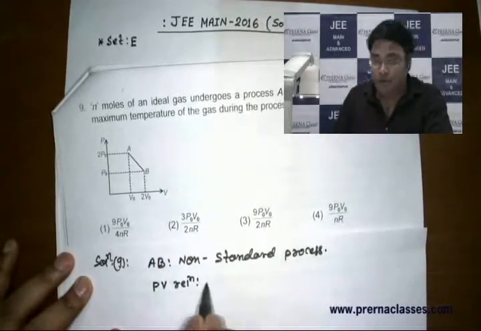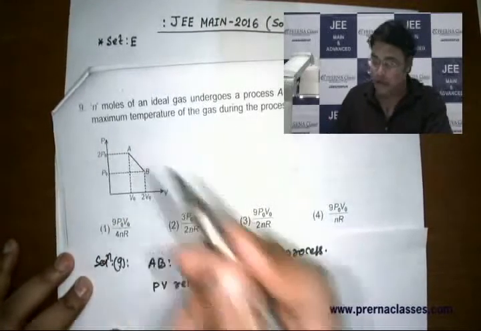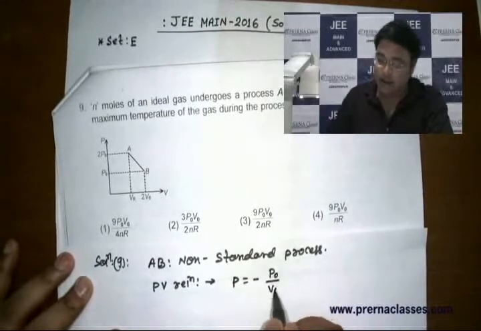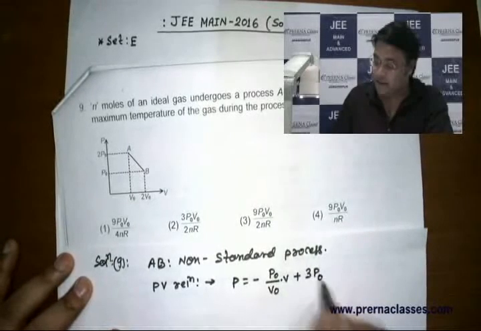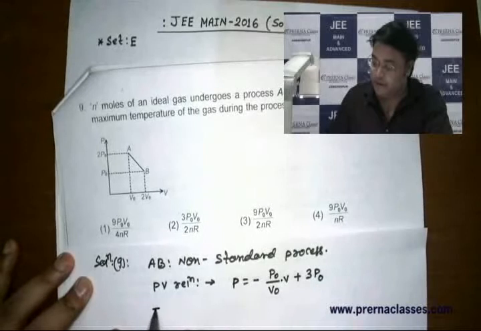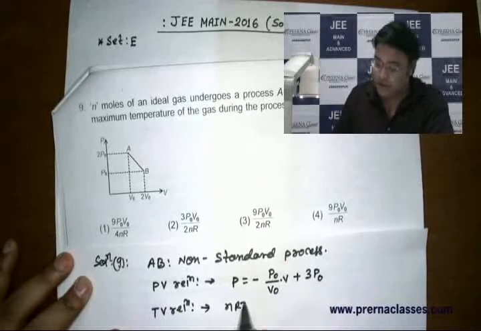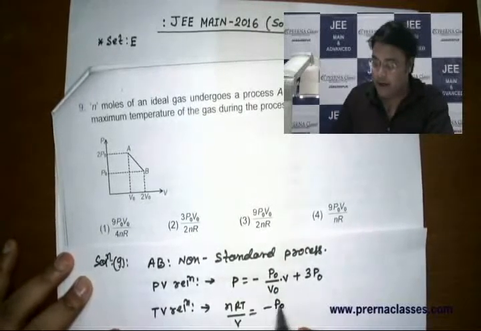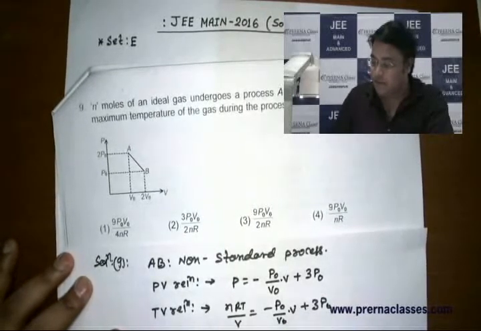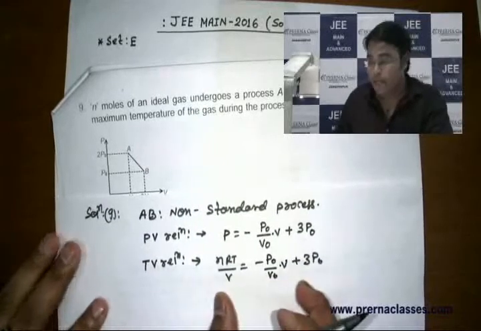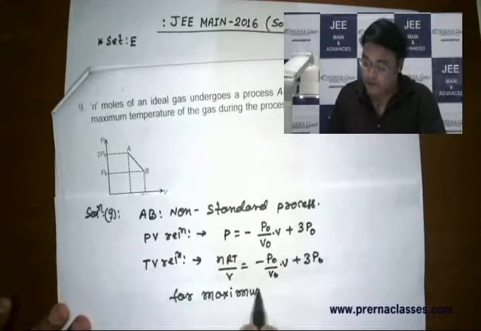If you write the PV relation, the equation of this straight line is P equals minus (P naught by V naught) into V, and the y-intercept here is 3P naught. From the given PV relation, you may write nRT by V equals minus (P naught by V naught) into V plus 3P naught.